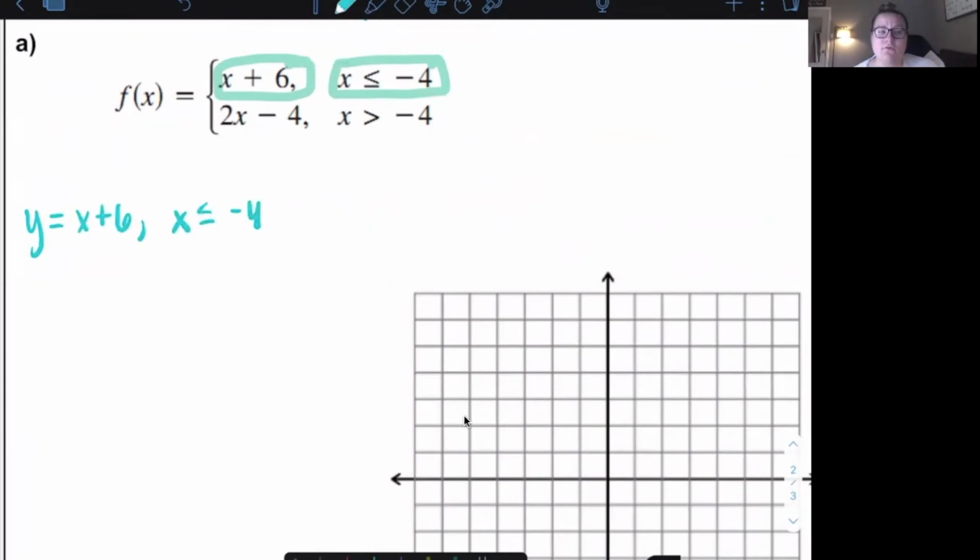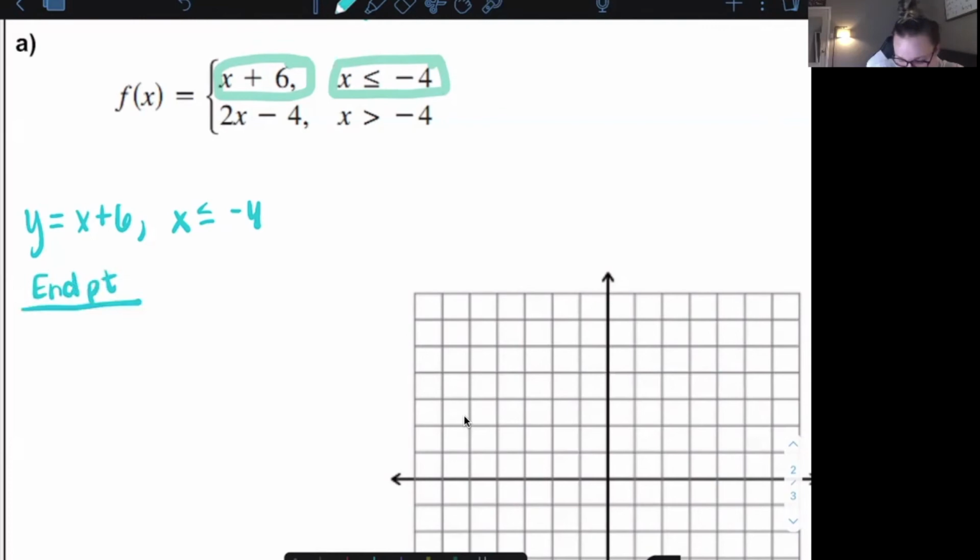So if you recall from Unit 1 Lesson 10, I showed you how to find your endpoints and then graph a function based on that restriction on the domain or the range. This is the same idea as that lesson. So we only have one restriction, and that restriction is x has to be less than or equal to -4. So that means we need to find one endpoint.